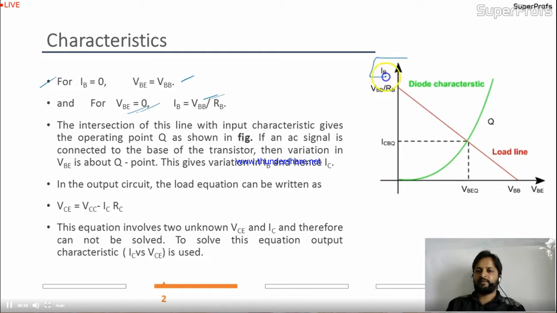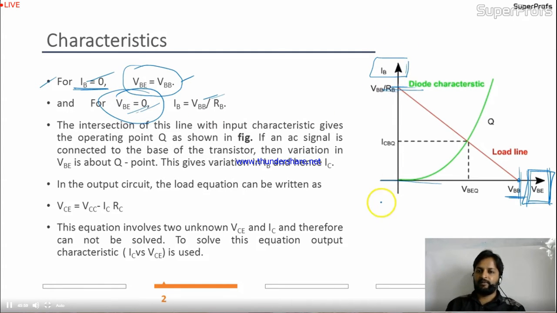So this is the load line between input voltage VBE and input current IB. If you take IB equal to 0, you will get VBB equal to VBE. For this entire line the current is 0. When current is 0, the value should be VBB. I'm taking the point VBB over this axis. At the IB axis, VBE equals 0.